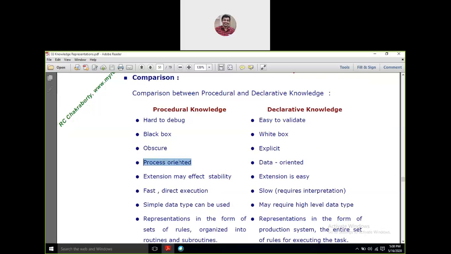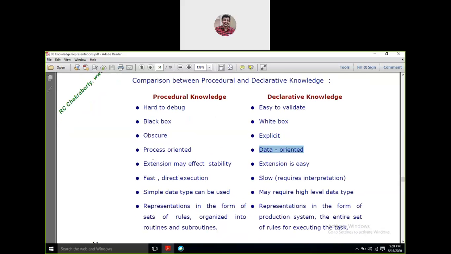In case of procedural knowledge, the things are basically obscure, whereas in case of declarative knowledge, it is very, very explicit. In case of procedural knowledge, it is basically process oriented, whereas in case of declarative knowledge, it is basically data oriented, right? Now, in case of procedural knowledge, the extension may affect stability, whereas in the declarative part, extension is easy.